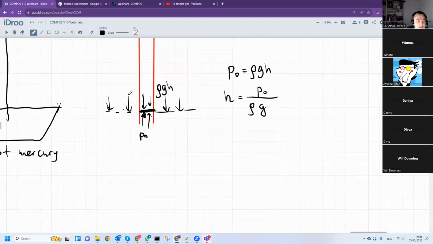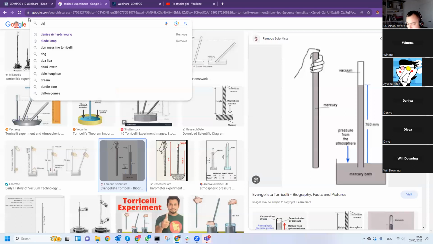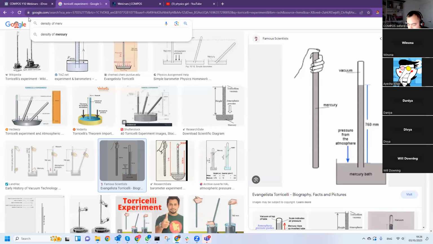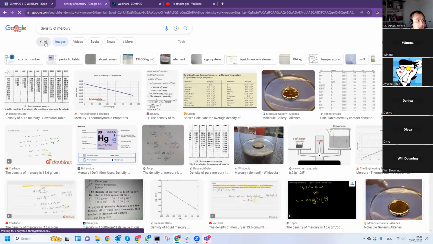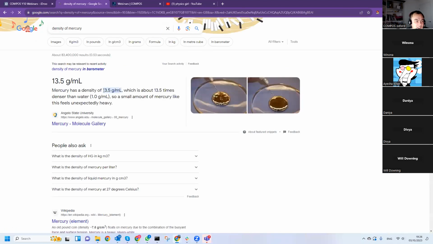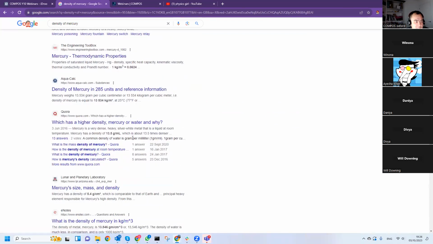And the atmospheric pressure is approximately 101,000 pascals divided by the density of mercury. Density of mercury is 13,000. Oh, that's embarrassing. 13,600, I think. Pretty sure it's 13.6.